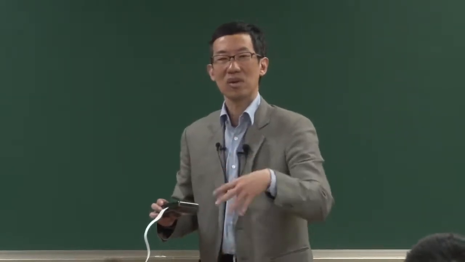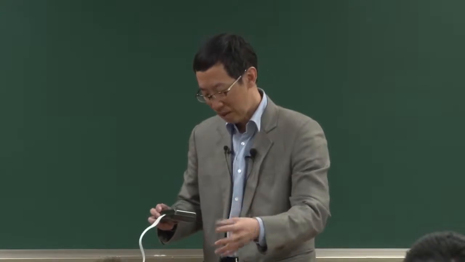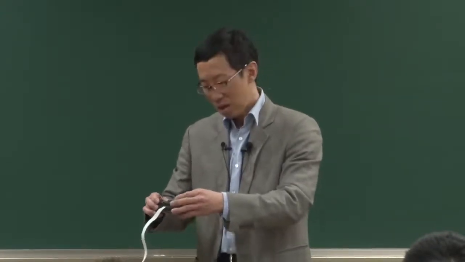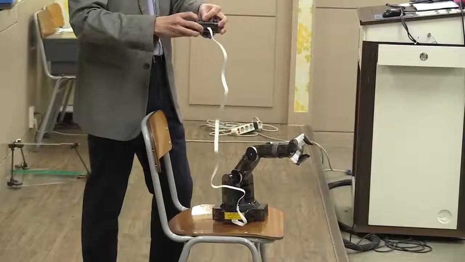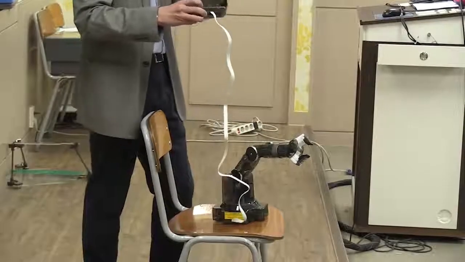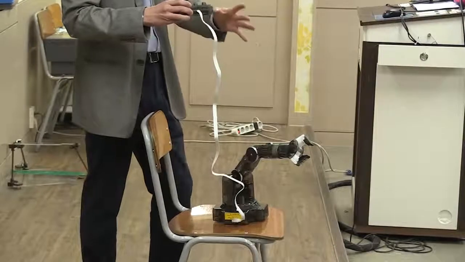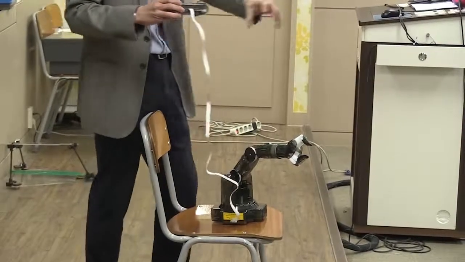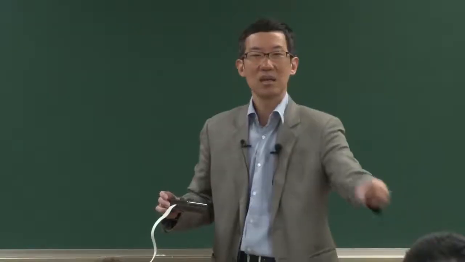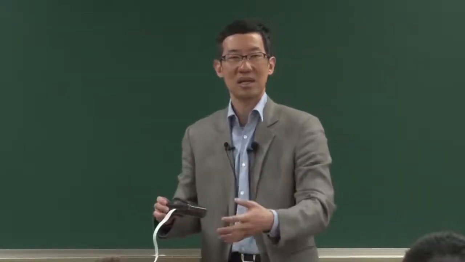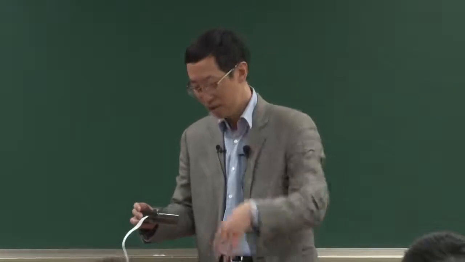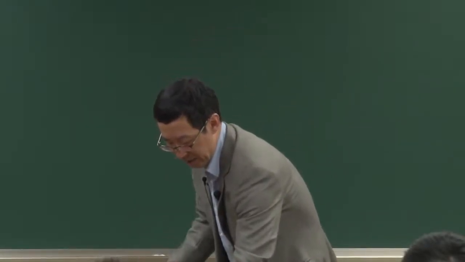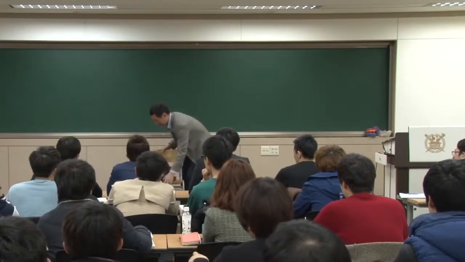Rather, we're more concerned about, for example, here I'm basically moving the robot using my visual feedback. We want the robot to be smart enough to know where to move the arm to pick up an object and place it somewhere else. Those kinds of tasks. So we're looking at sort of higher level capabilities. Let me put this aside.